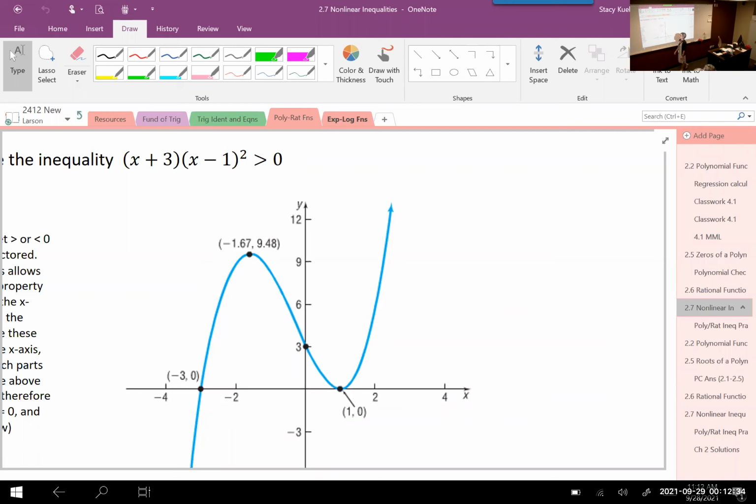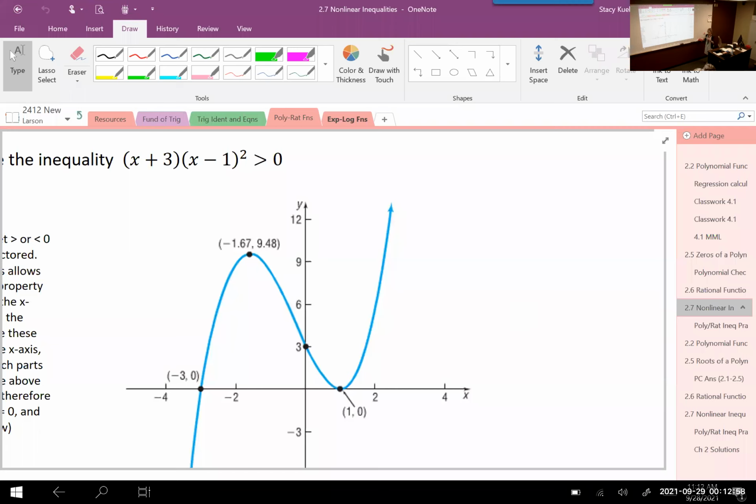And I want to be able to find out what is the solution set for the polynomial greater than 0. Now, I probably should back up for just a second and say, when I find a solution for an equation, I get x is equal to some values.